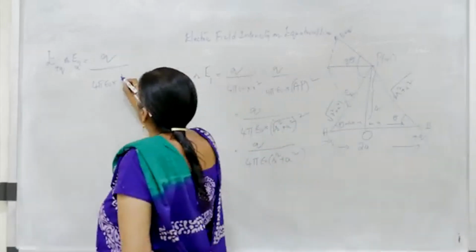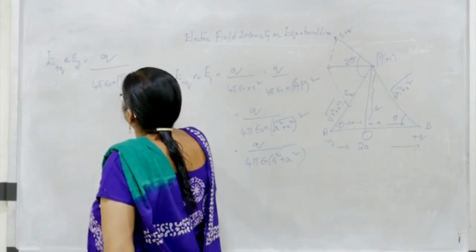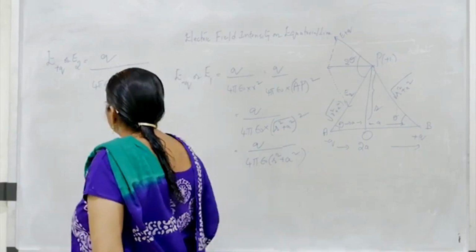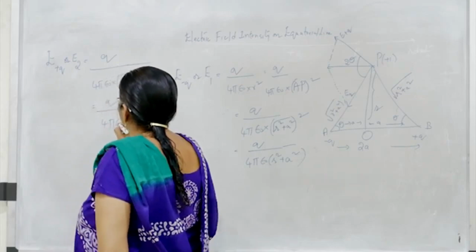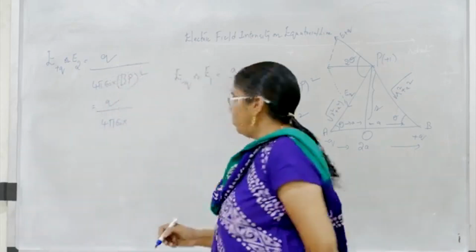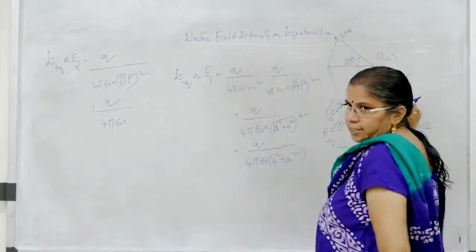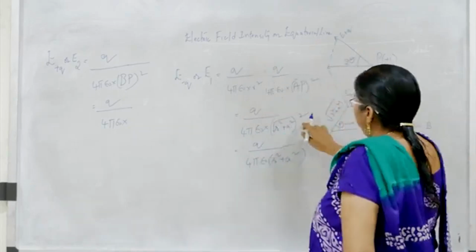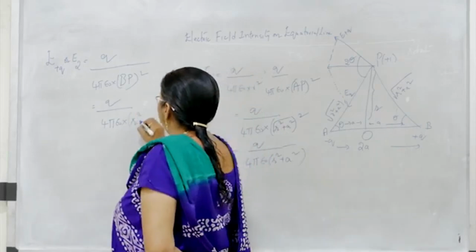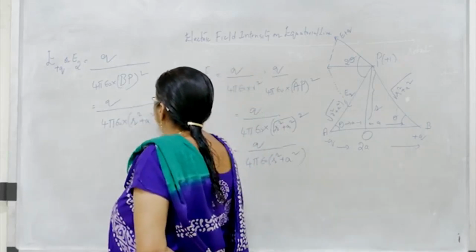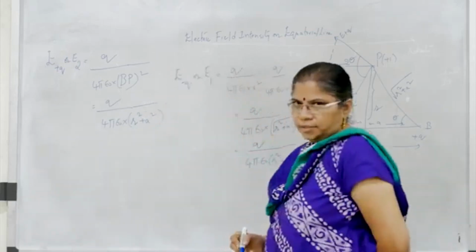BP square again is r square plus a square under the root, so you cancel the root and again you get q by 4 pi epsilon naught into r square plus a square.